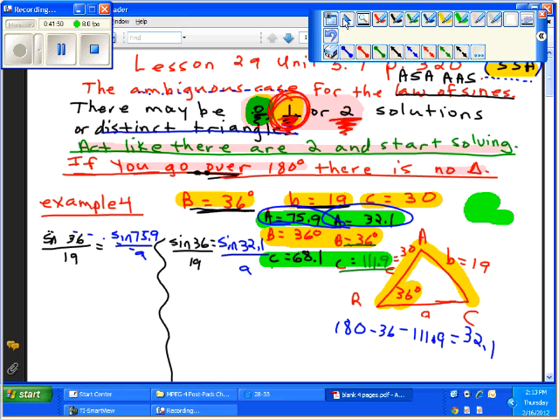We're going to cross multiply. We're going to get sine 36a, that's how I've been writing it, sine 36a is equal to 19 sine 75.9.